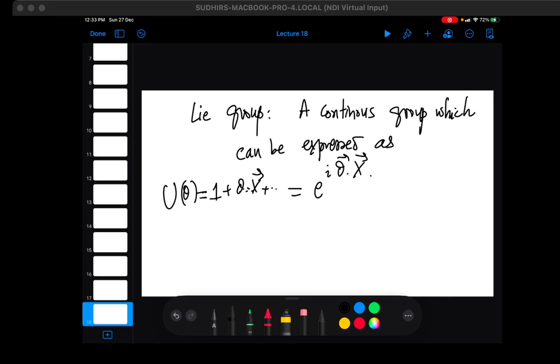And Lie algebra is the algebra of this particular type: [x_k, x_j] = i C_kjl x_l. So the structure functions are these numbers, and this is called Lie algebra.